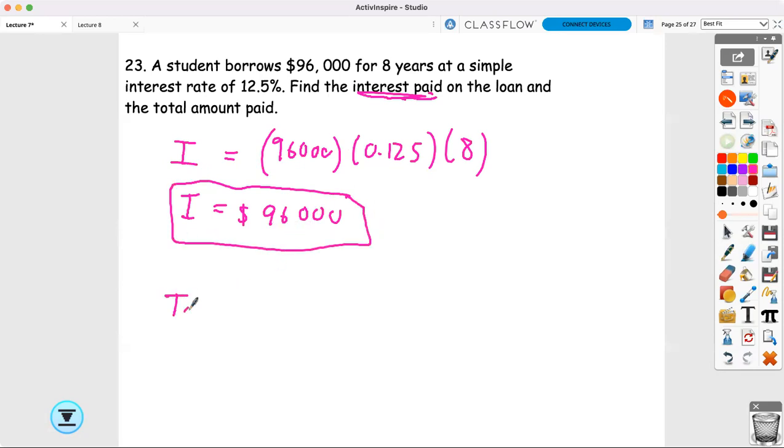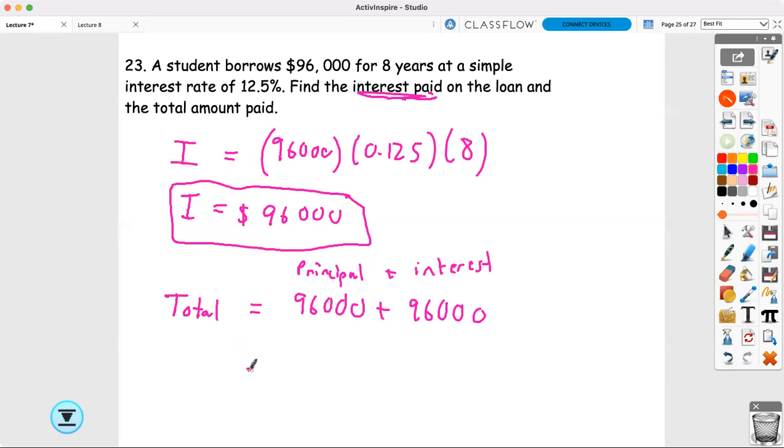Now to get the total amount, we have to add the interest plus the original amount, the principal. So it's gonna be 96,000 that she borrowed plus the 96,000 interest. So I'm gonna write the principal plus interest.